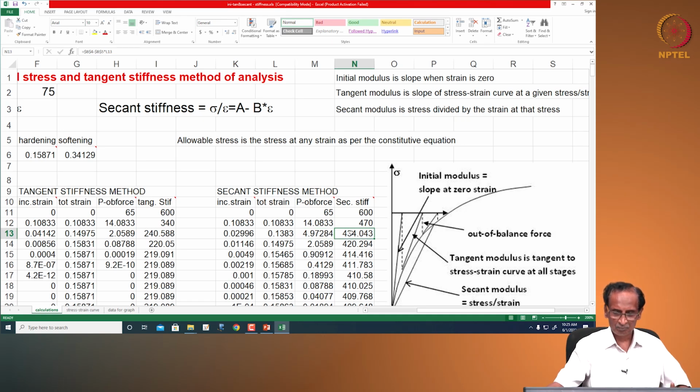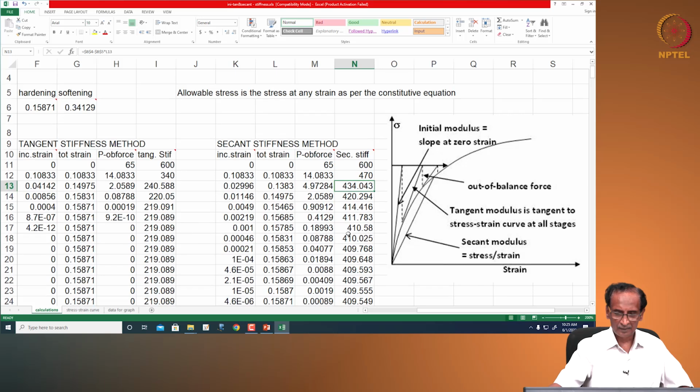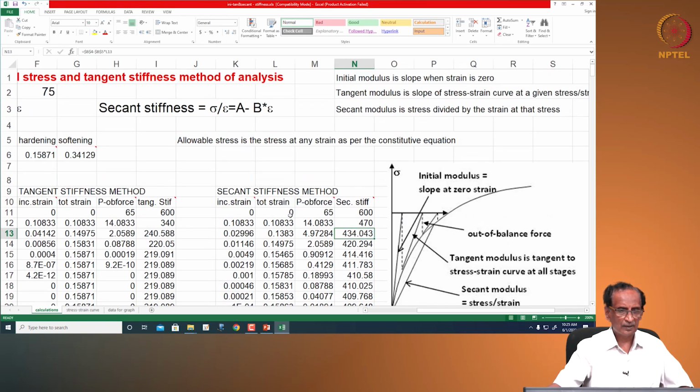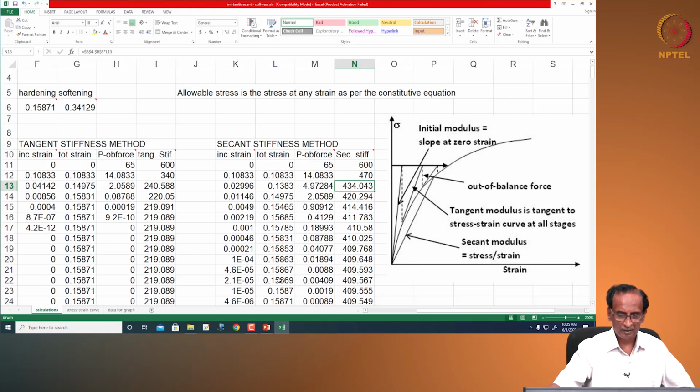So, you see here, as the strain is increasing, your secant stiffness is reducing, and the same thing with the tangent stiffness. Okay, and so what is our exact result is 0.1587, and in this case, after about maybe 20 iterations, we are able to get that exact value where our out-of-balance force is negligible.